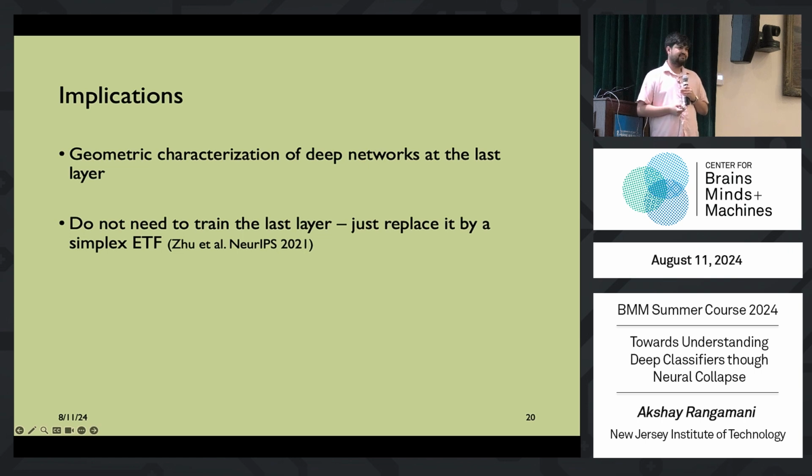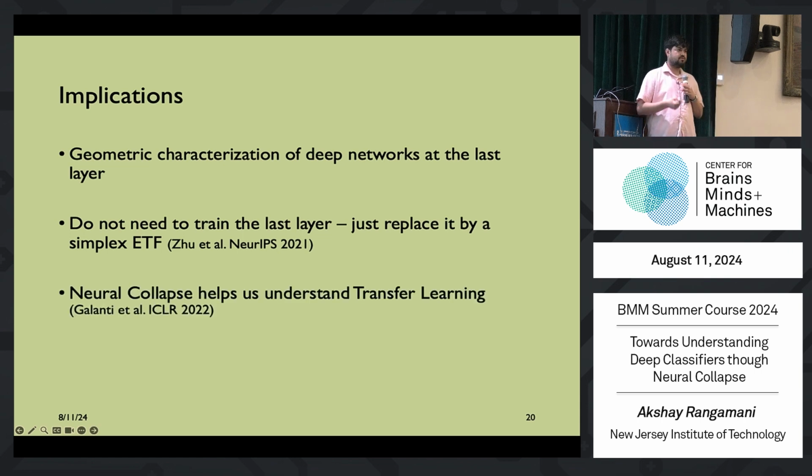And in fact, this was true of earlier models. Not sure exactly how it maps out now, but a lot of the weights were in the fully connected layer. So you can save a lot by just setting that to be a simplex ETF.